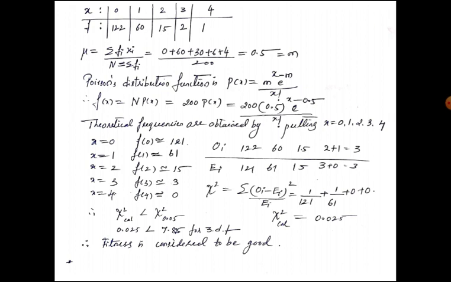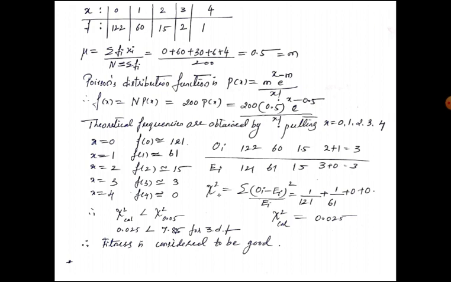But at x equal to 4, the observed frequency is 1, and at x equal to 4, the theoretical frequency is 0. So with f of 4 being 0 here, you are going to merge the last two frequencies. That is why instead of 5, you have only 4 now. 122, 60, 15 and you add up 2 plus 1 as 3. And for EI also, you add the last two, that is 3 plus 0, as again 3.